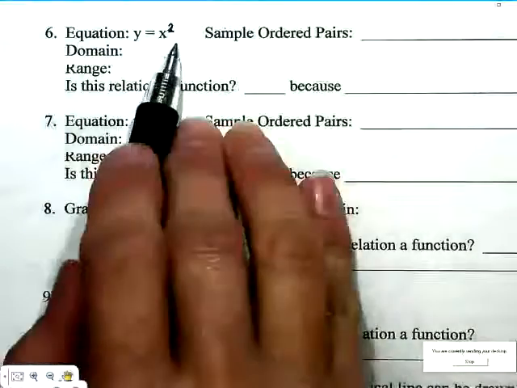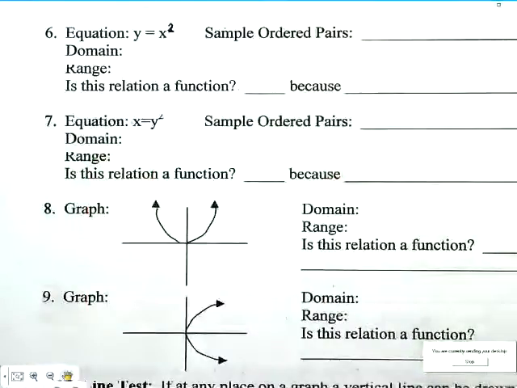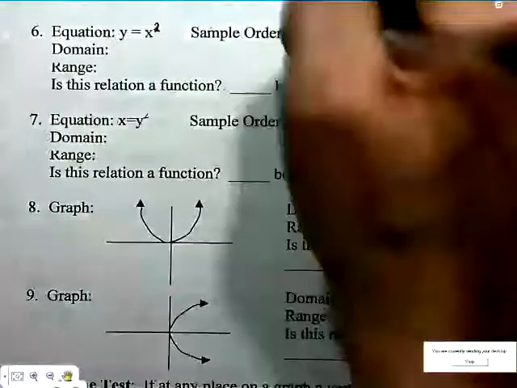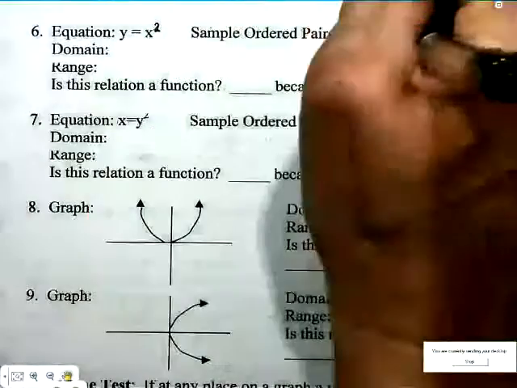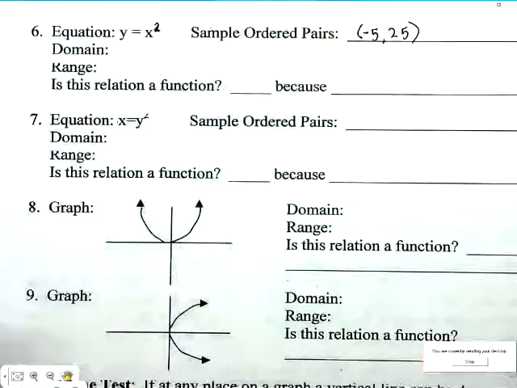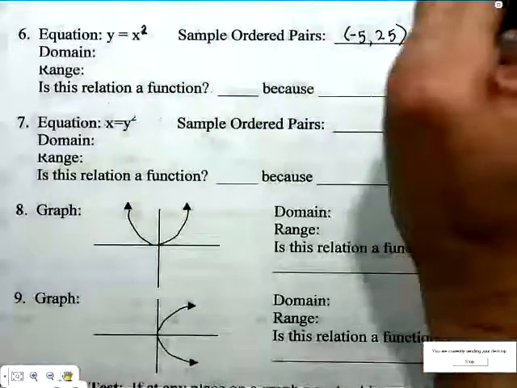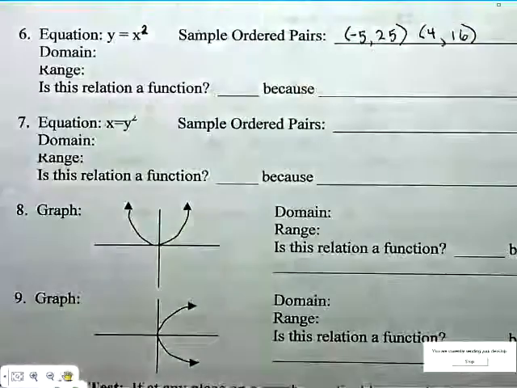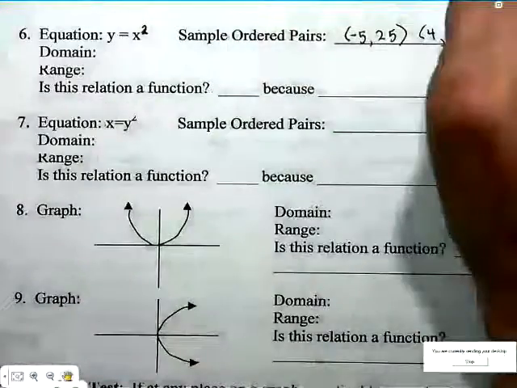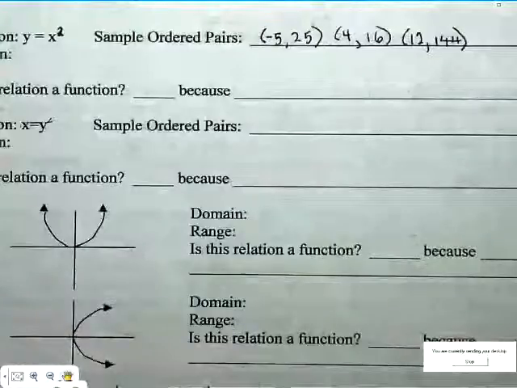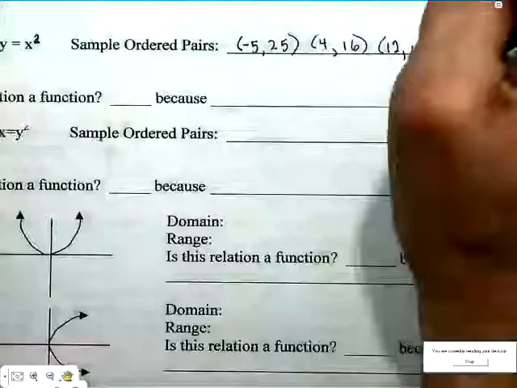Give me a few. That works. Negative 5, 25. Give me another one. That works. Any ordered pair where the y is the square of the x. Give me another one. Ooh, awesome. I don't want to graph it because I don't want to make 144 tick marks, but it certainly satisfies that equation. And for that matter, so does negative 12, 144.